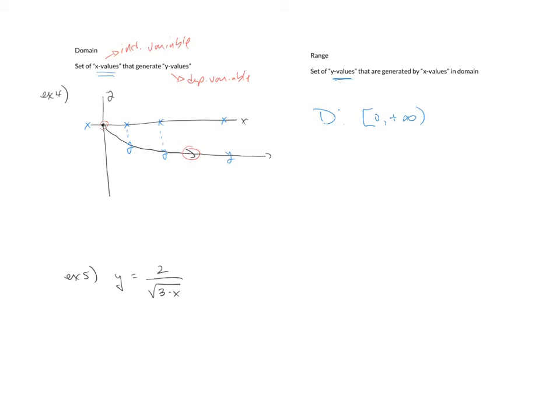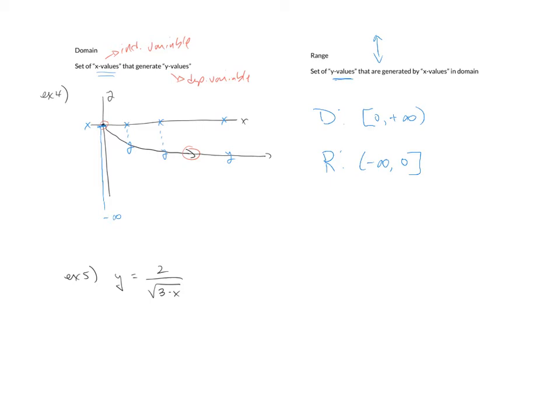So you can think of the range more as the up and the down. And if we take a look at our graph, the up and the down would be from negative infinity all the way to 0 with a square bracket or closed bracket on the 0. So all the way from negative infinity way down here all the way up to 0. Our y values have been created by the x values in the domain.